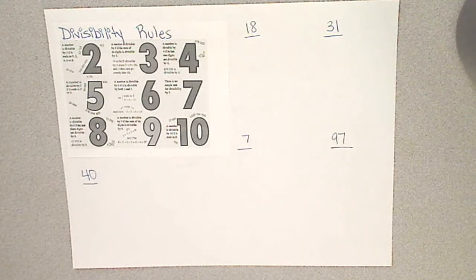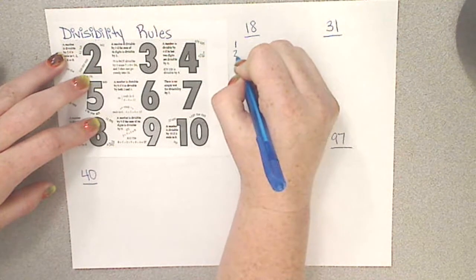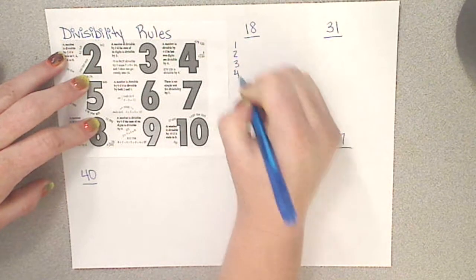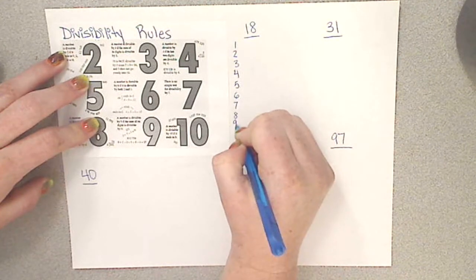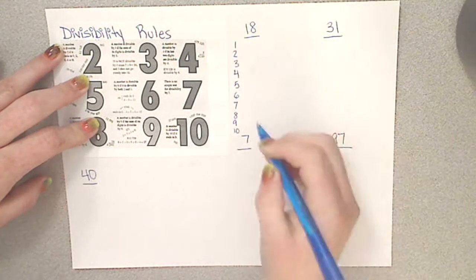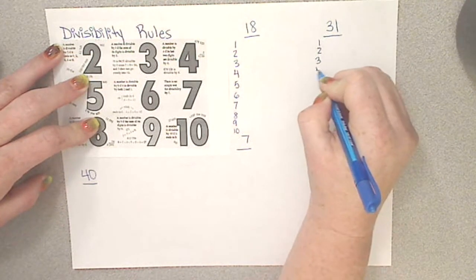Now, under each of these, I want you to start by writing the numbers 1 through 10. 1, 2, 3, 4, 5, 6, 7, 8, 9, 10. I probably should have given that a little more room, but that's okay. Y'all can learn from my mistakes.